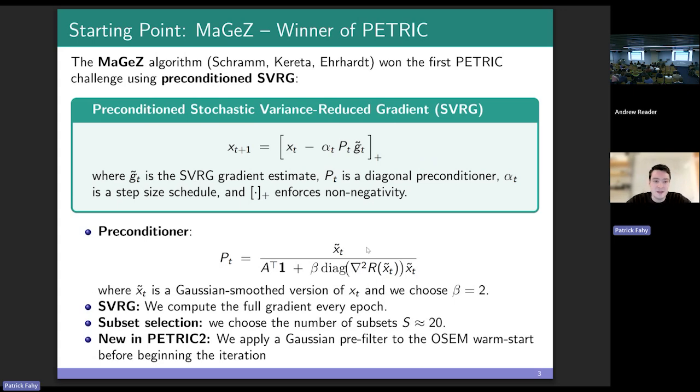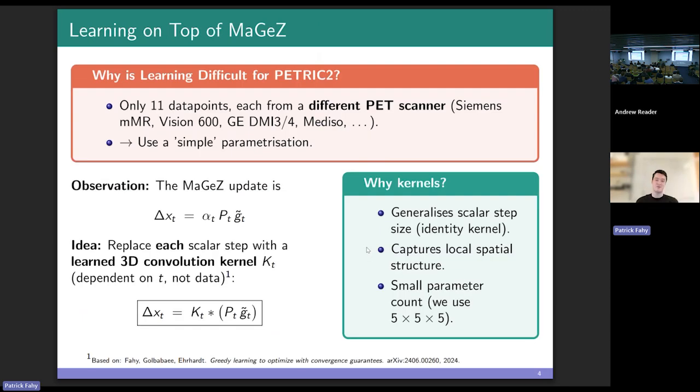Okay. So when it comes to learning, why is this difficult? The first thing is there are only a handful of data points, and each one of these is from a different scanner. So you want something that would generalize across different forward operators. The motivation was, let's try and learn a very simple parameterization, whatever that could mean.